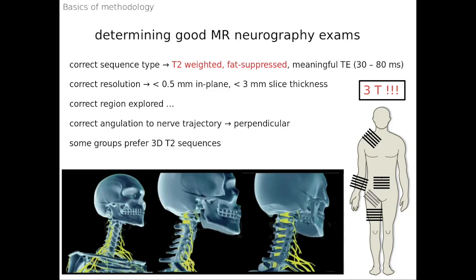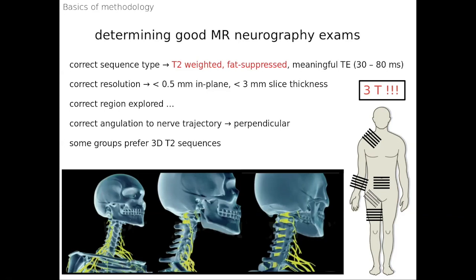You need to use also the correct sequence type. The most important sequences are the T2 weighted fat suppressed images, as we have already seen many images. What is also quite helpful is to have a correct angulation to the nerve trajectory.